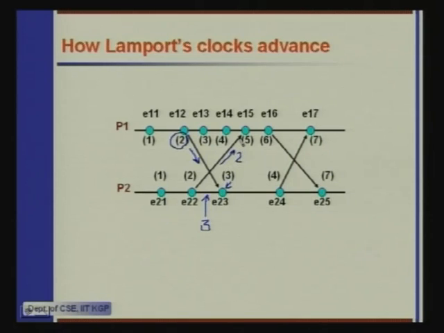Now, 2 plus 1 is 3 and the max of 5 and 3 is 5. So, this gets 5 only. So far the messages have not led to anything being different, right.